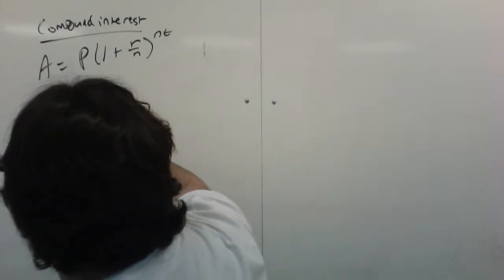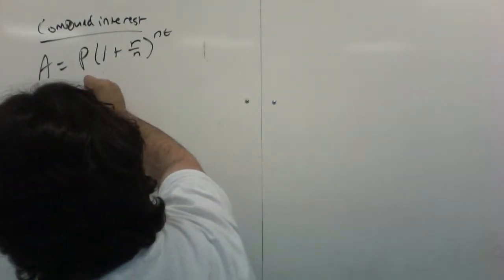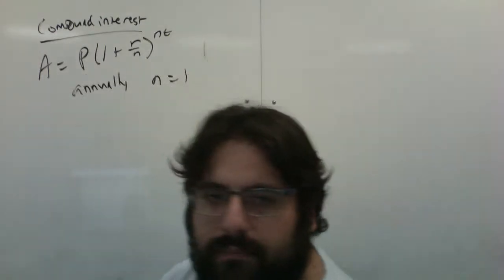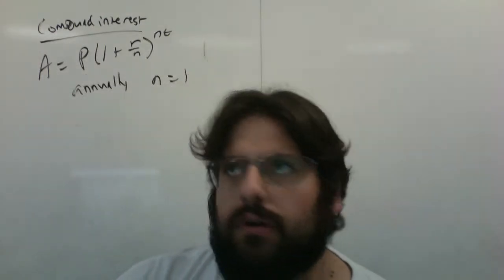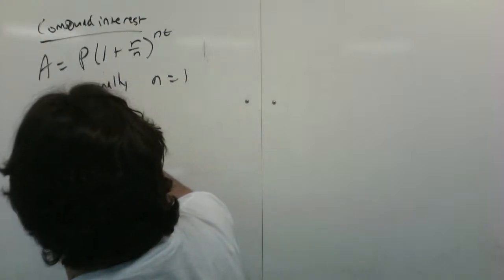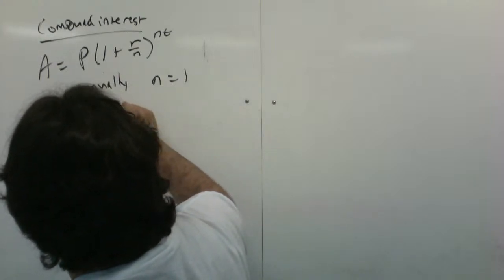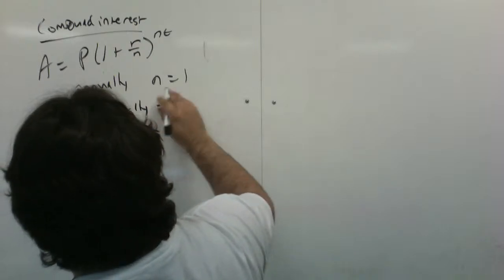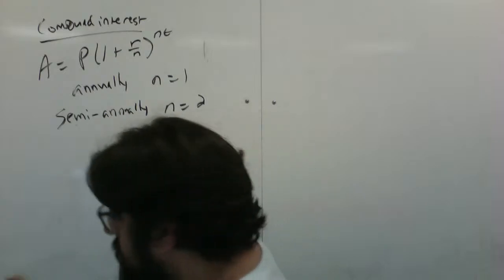So for example, if interest occurs annually, then N is 1. And it's pretty much the basic general growth and decay formula. Now, if we're talking about semi-annually, semi meaning half, that means every half year. So that means that N is going to be 2 because interest is compounded twice a year.